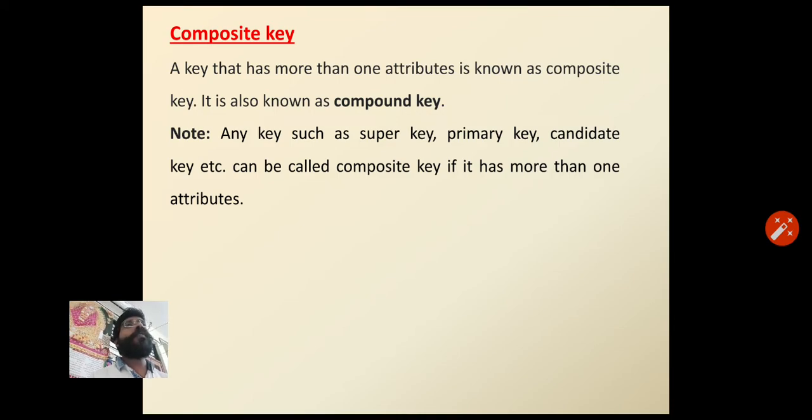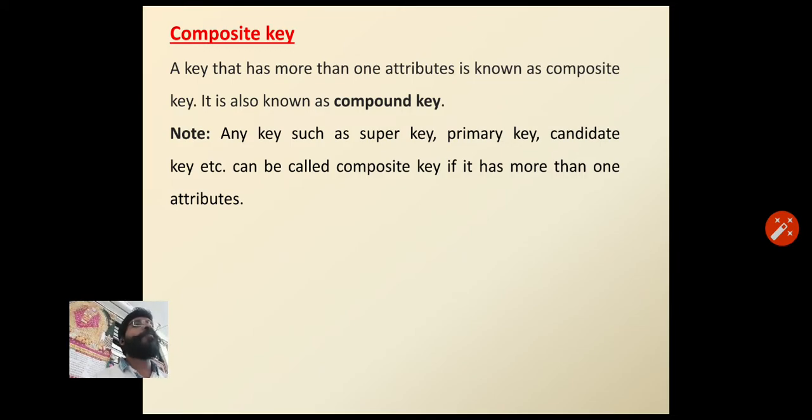Note, any key such as a super key, primary key, candidate key, etc. can be called a composite key if it has more than one attribute. It is clear that any key, whether super key, primary key, candidate key or alternate key, is also called a composite key if it has more than one attribute.